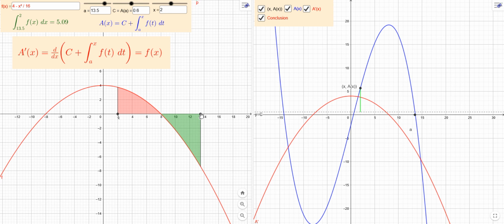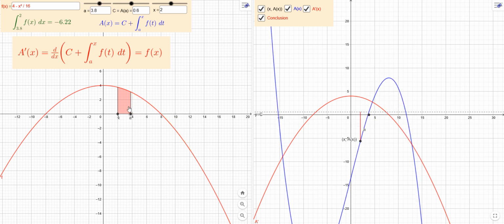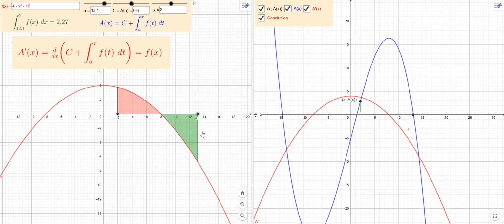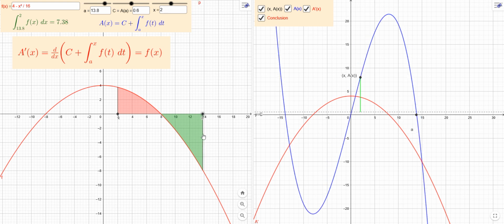So if we use an integral to define an accumulation function, and then we turn around and take the derivative of that accumulation function, then we're right back at the original thing. So two big things that you should get out of this. Number one, we can form new functions from existing functions by integrating them, and that process produces a new accumulation function.